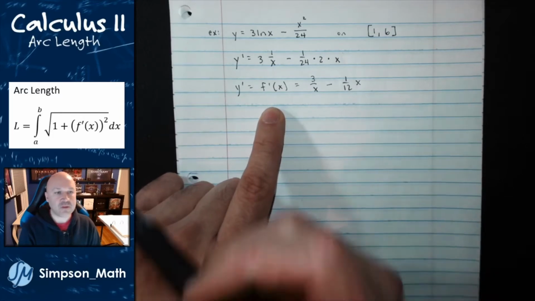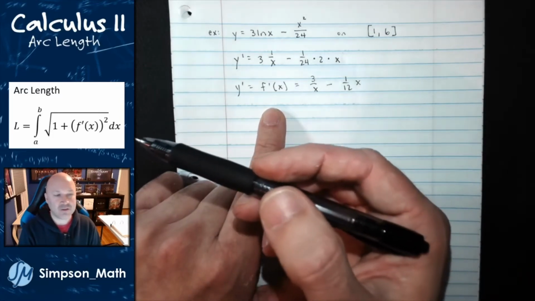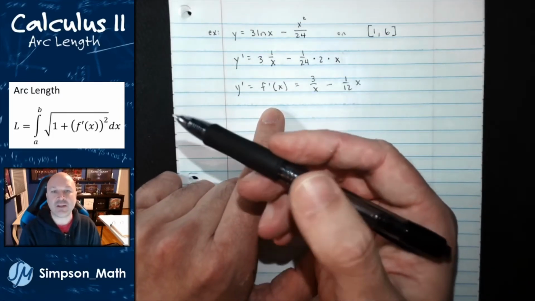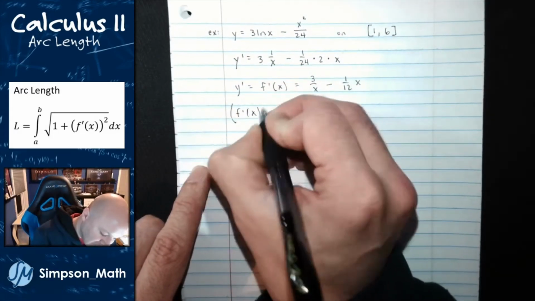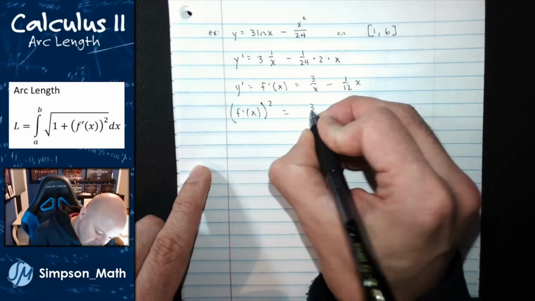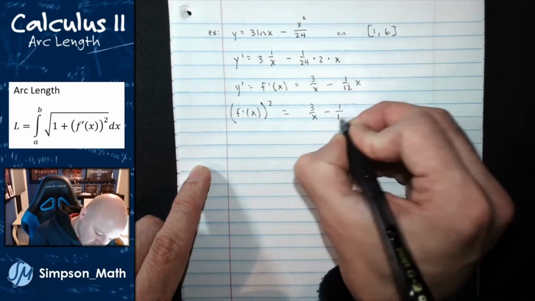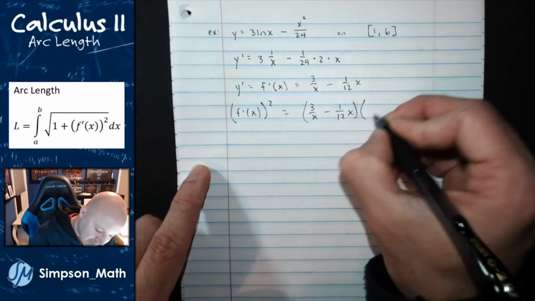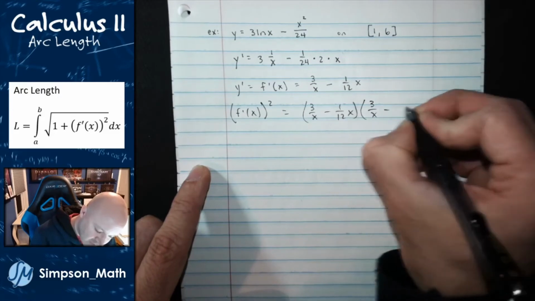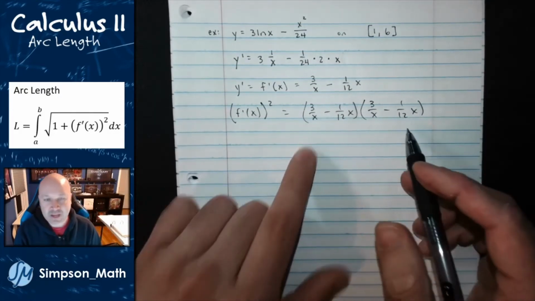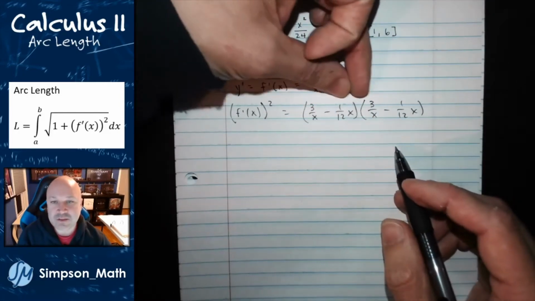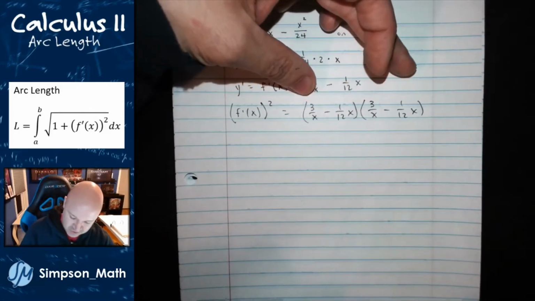Well, then the formula says you need to square that thing. You've got f prime of x, now you need it squared. So f prime of x squared is simply 3 over x minus 1/12 x times itself. 3 over x minus 1/12 x. I like to write it side by side so that I can use my little fingers to do that FOIL or that massive distribution.